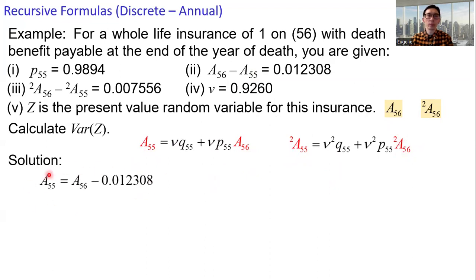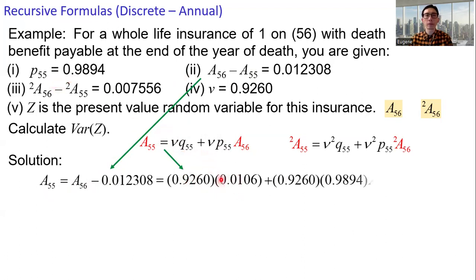We get the relationship. This is from information number 2. And then A55 with the recursive formula equals nu times q55. q55 is 1 minus p55. And then the second term, from this, we can solve for A56.